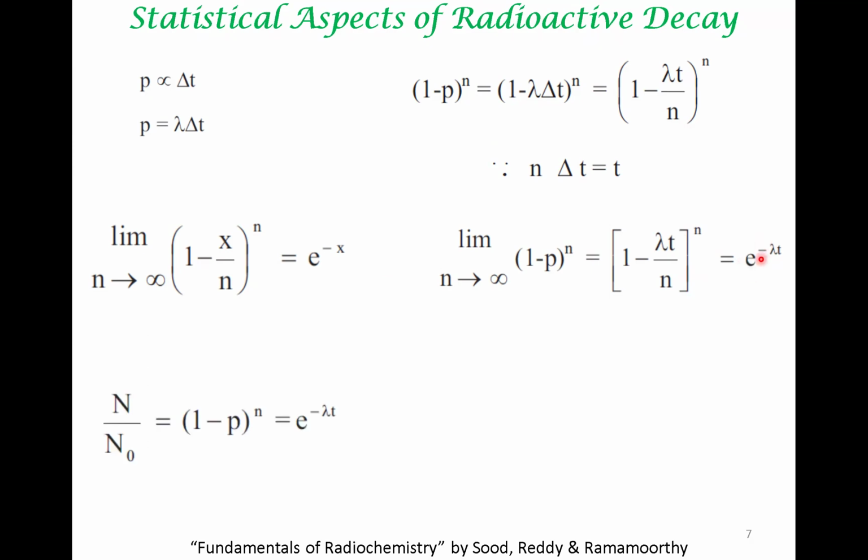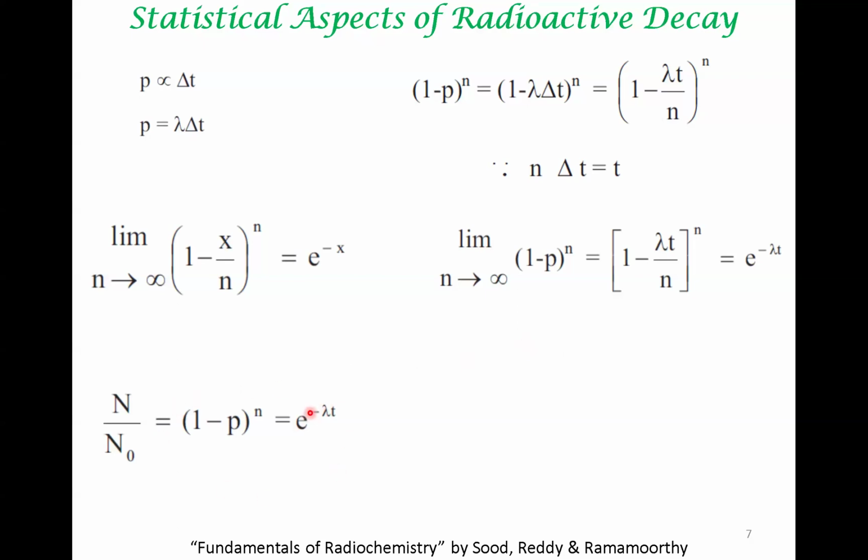Once you have this, we can further substitute, right? After n time segments, n atoms have not disintegrated, and you started with n naught atoms. So n by n naught is equal to 1 minus p to the power of n.